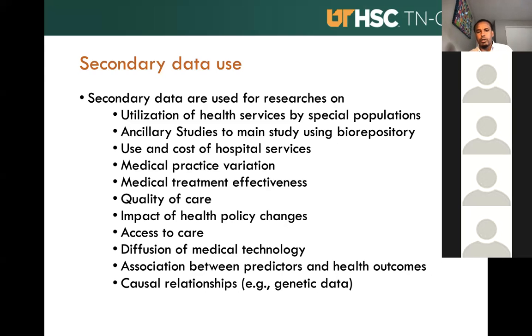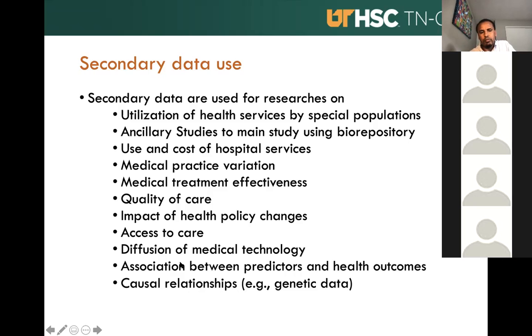And if you are interested in looking at whether saturated fat intake and unsaturated fat intake has an impact on cardiovascular health, you can conduct research based on the NHANES data. And so it can be used for assessing the impact of health policy changes.